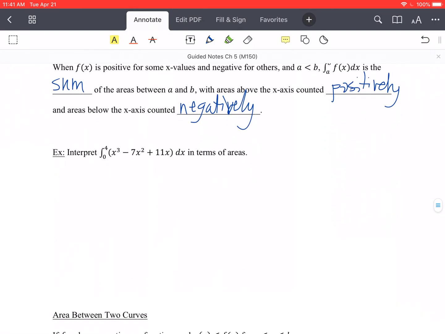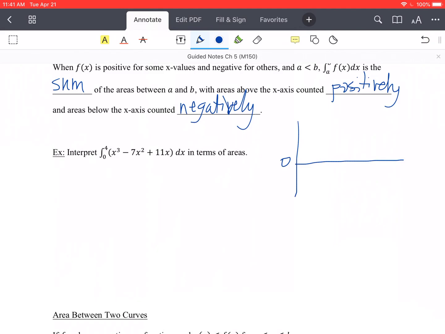Interpret the integral from 0 to 4 of x cubed minus 7x squared plus 11x dx in terms of areas. So if we were to graph this, just a rough sketch of what this would look like. So we have 0, that's our origin, and we're going up to 4 here.